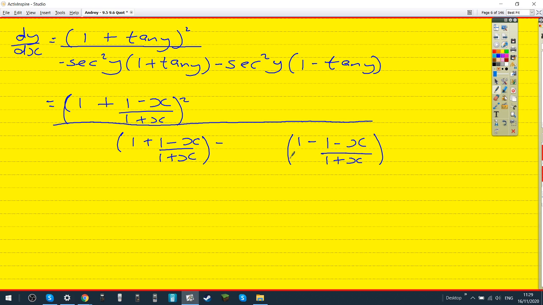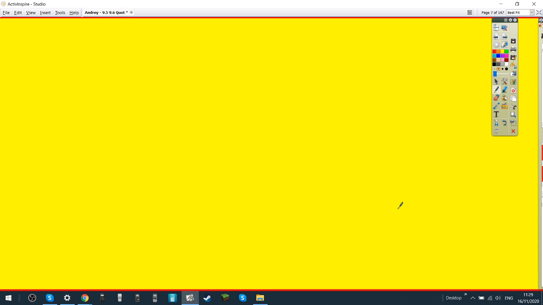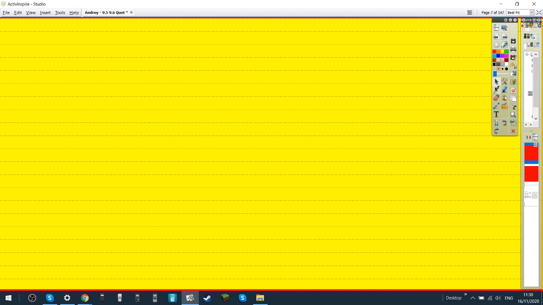So sec squared y is actually the same as 1 over cos squared y, which is the same as 1 over... I think it's going to take some sort of long trigonometry the way I'm trying to do it, and it might not be right.